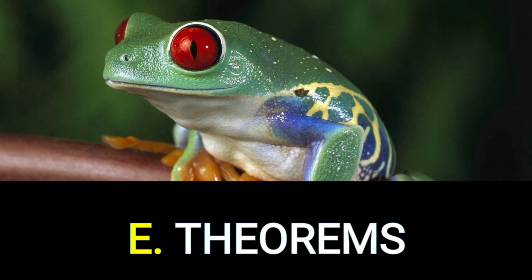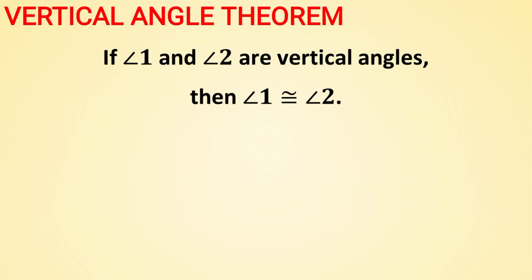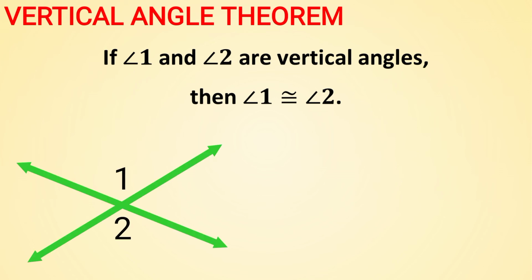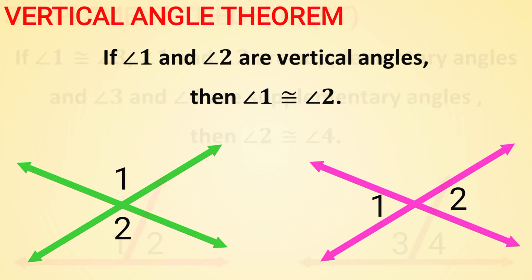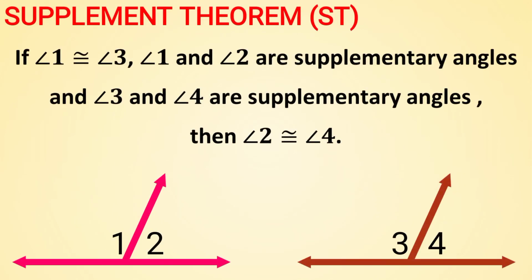When it comes to theorems. So, vertical angle theorem. If angle 1 and angle 2 are vertical angles, then angle 1 is congruent to angle 2. Supplement theorem, or ST. If angle 1 is congruent to angle 3, angle 1 and angle 2 are supplementary angles, and angle 3 and angle 4 are supplementary angles, then angle 2 is congruent to angle 4.